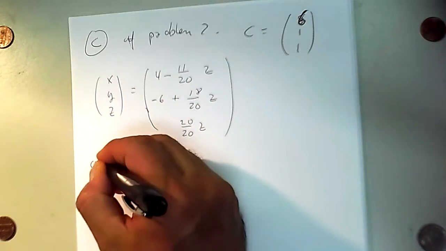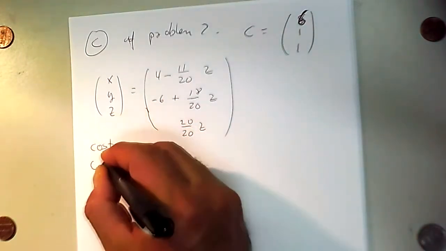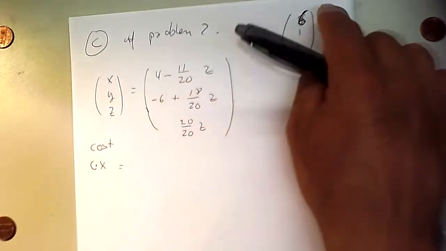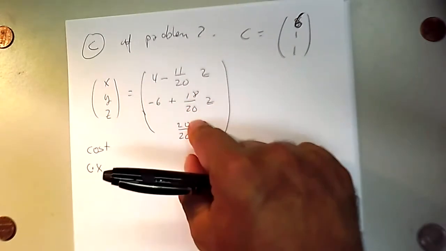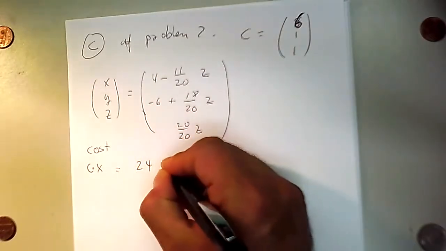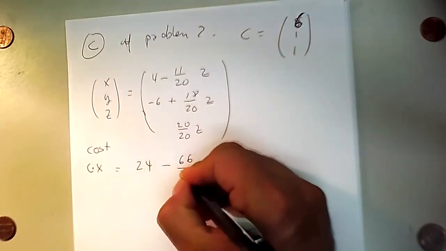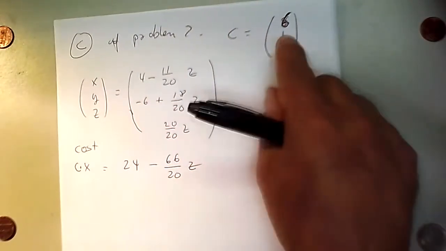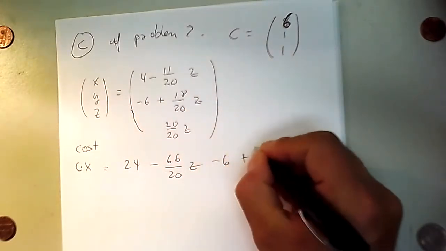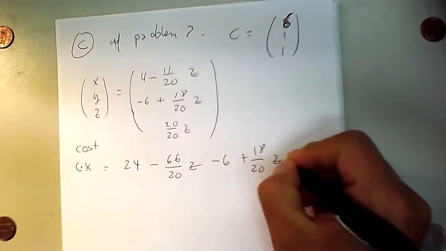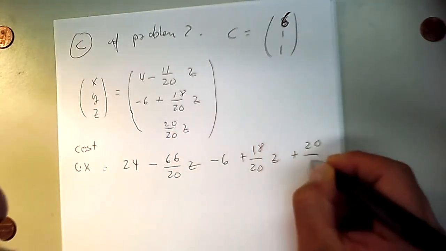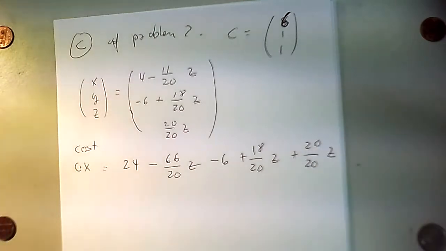Well, the cost, C dot X, is this vector dotted with this vector. So 6 times 4 is 24, minus 66 over 20z. One of those, minus 6 plus 18 over 20z, and one of those, plus 20 over 20z.